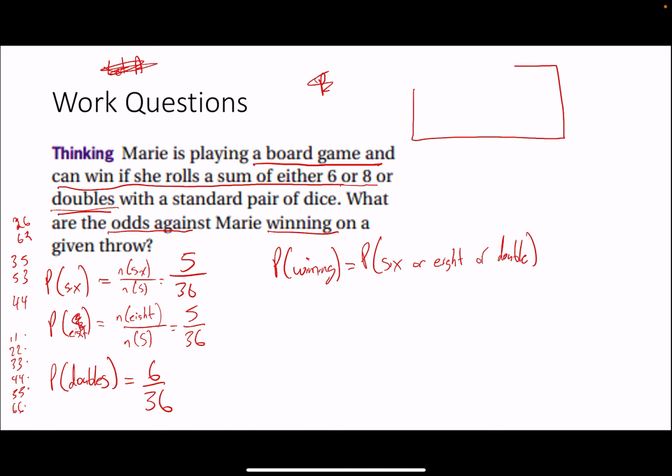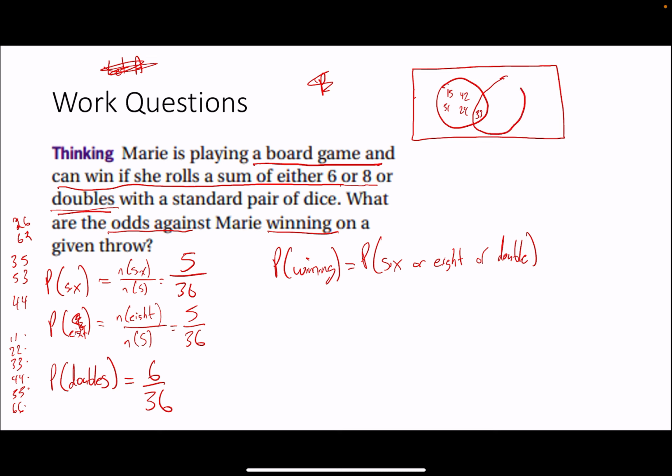Let's think about that for a second. We already have all the ways it can be 6. We have 1 and 5, 5 and 1, 4 and 2, 2 and 4. And of course we have 3 and 3. And then we have the ways it can be doubles. Oh, by the way, there's some inclusion in here.